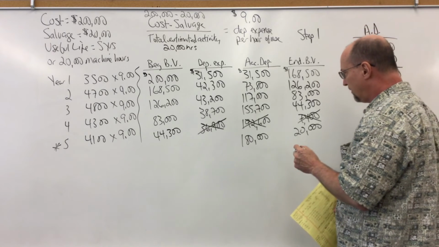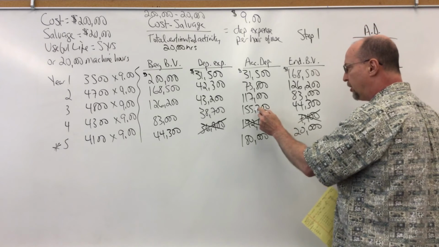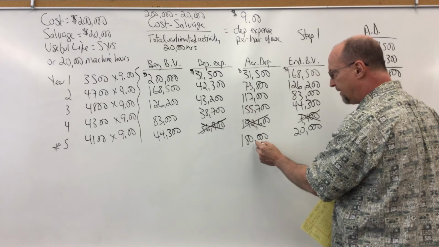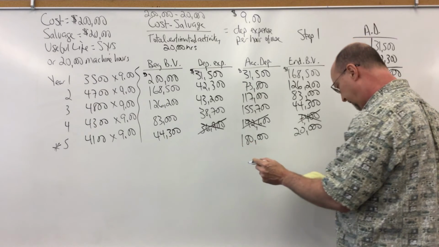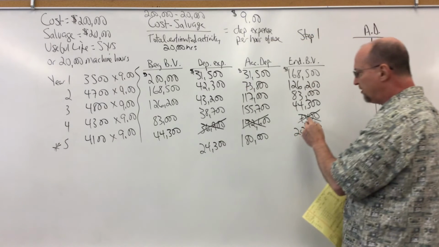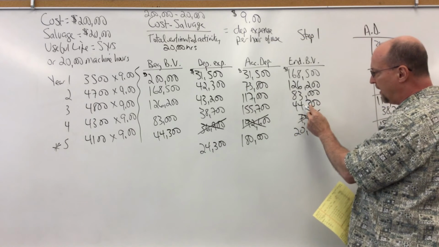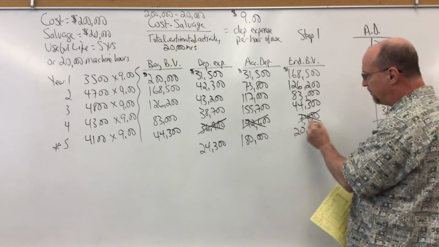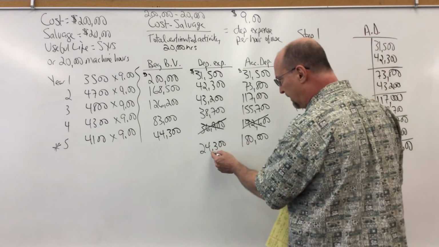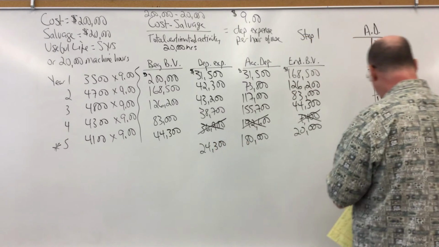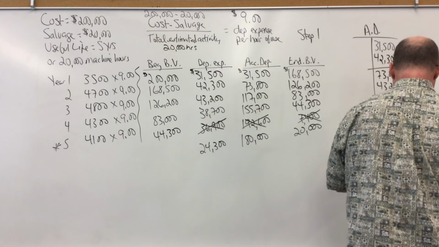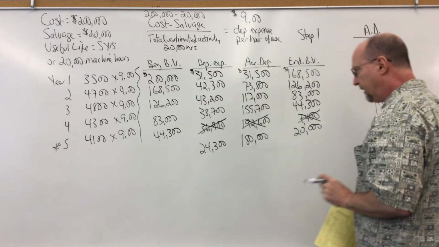I look at the difference between the accumulated depreciation at the end of year 4 and what it needs to be in year 5, and the difference looks like what? $24,300. Okay, and we could do the same thing here. The difference between the ending book value in year 4 and what the ending book value has to be at the end of year 5 so that we don't depreciate below salvage. My depreciation expense in year 5 would be $24,300, and that would mean my ending accumulated is $180,000.